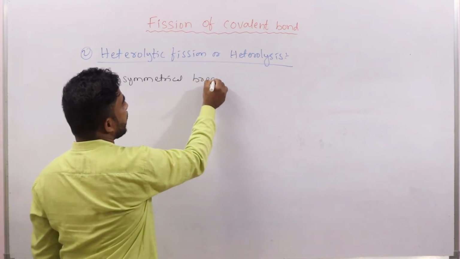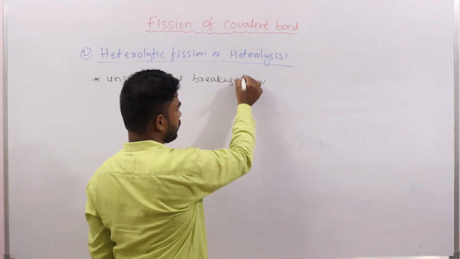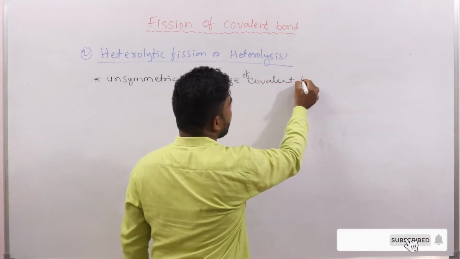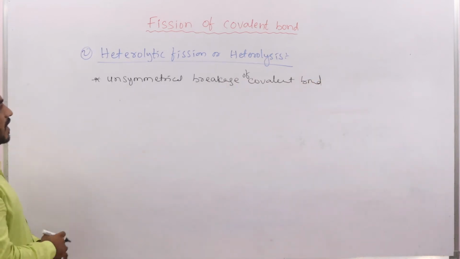Unsymmetrical breakage of covalent bond is nothing but heterolytic fission. Let us see how we can explain that.